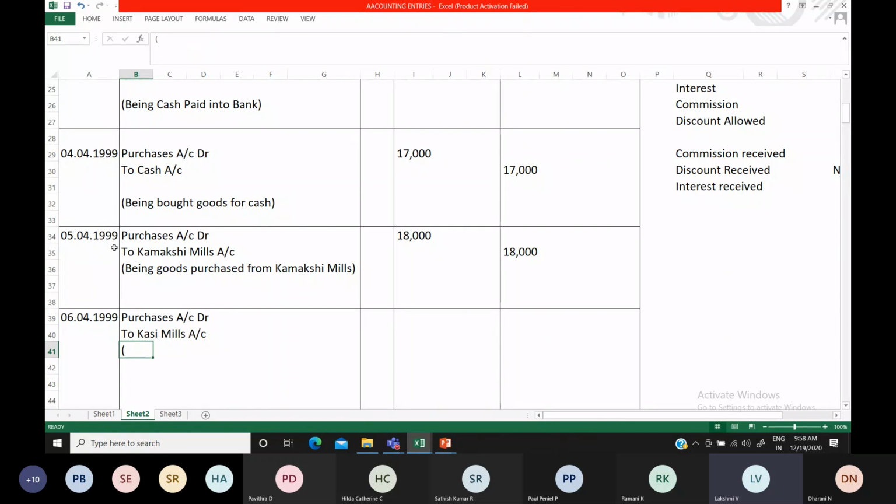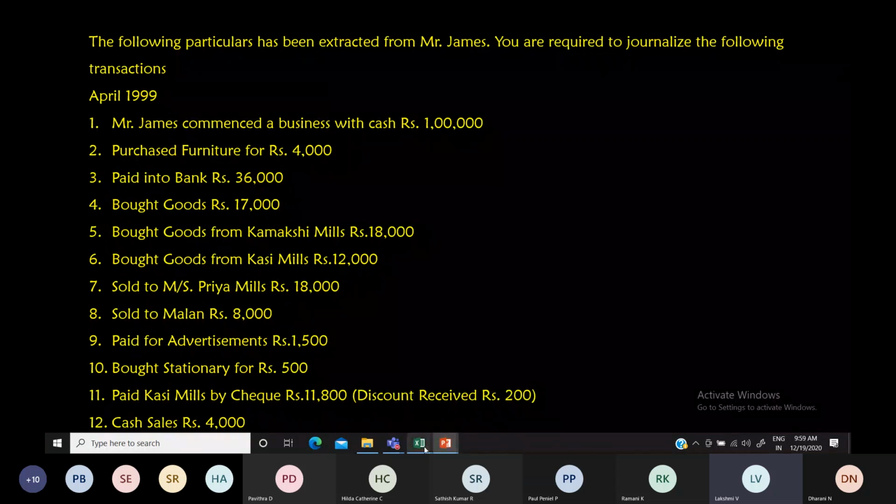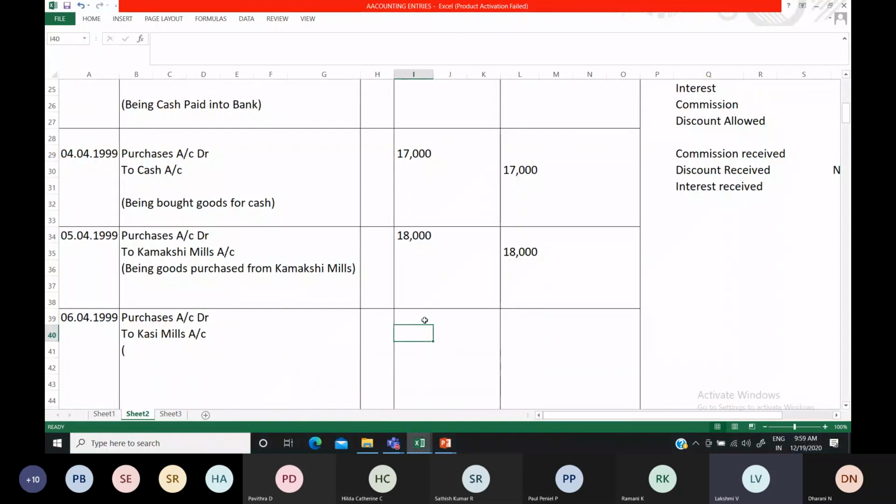On the fifth date, we are going to debit the purchases account. From Kamakshi Mills you have purchased for 18,000, and from Kasi Mills also you have purchased for rupees 12,000. Since the same thing occurs on the same date and we are debiting the same account, instead of writing separately you can club together. Like that you can do sometimes.